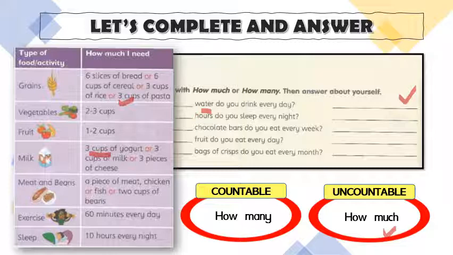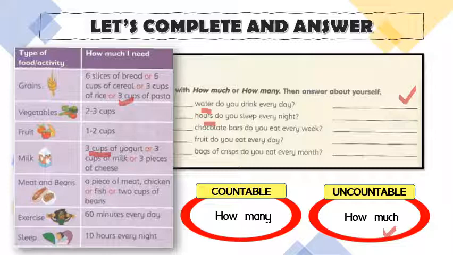So you just write here, maybe you want to write 5 glasses of water, or you can also use cups if you want, or maybe you can use bottle or liter. Up to you. Any measurement will do as long as you know how much water you drink every day.